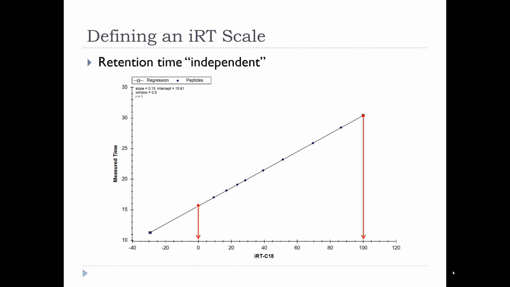In this case, diagnosis defined a certain IRT scale, and they just chose that their second eluting peptide was going to be 0, and their last eluting peptide was going to be 100. And that's just as arbitrary as C12, 12 Daltons for carbon 12, totally arbitrary. But those are the anchor points that everything else is defined for in a certain scale that we named IRT C18 because we had defined it in a C18 gradient.